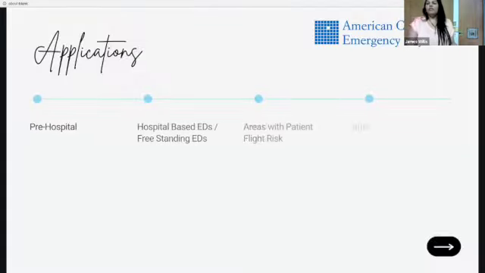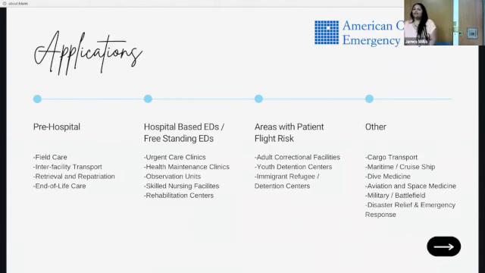Okay, so I pulled this from the 2016 ACEP emergency telehealth section, which lists some telehealth applications in different settings where it can be helpful. These settings include, but are not limited to, pre-hospital, hospital-based ERs, freestanding ERs, correctional facilities or detention centers, and other locations like maritime, diving, cruise ships, and space medicine or disaster medicine.